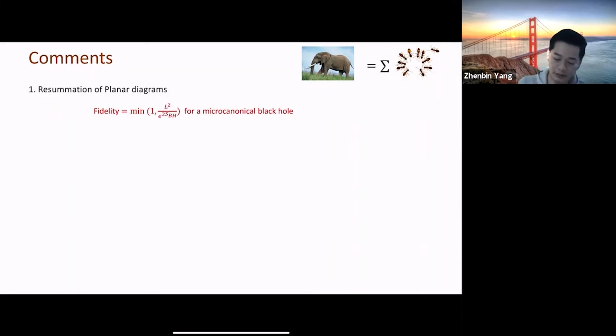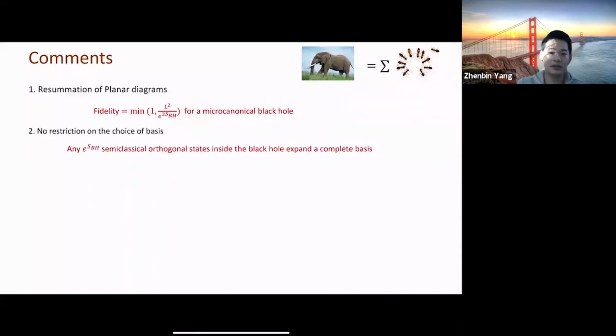The reason why you need to be microcanonical is because you just want to focus on the energy window. And there's no restriction on the choice of basis. So any e to the S black hole semi-classical orthogonal states can span the complete basis.